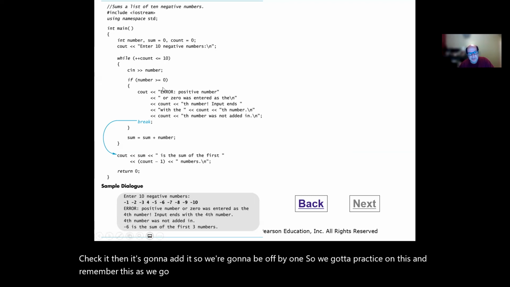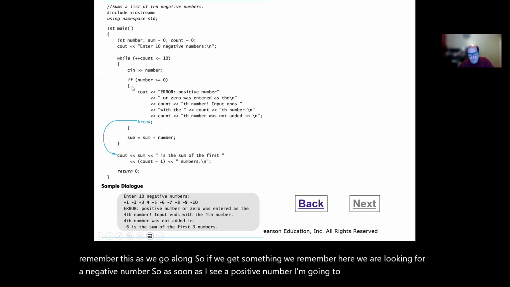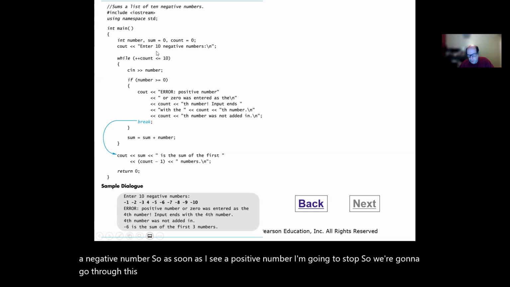So remember here, we are looking for a negative number. As soon as I see a positive number, I'm going to stop. We're going to go through this, and remember, because I don't know how many numbers the user is going to enter, I am not going to be using a for loop. I'm going to be using the while loop.